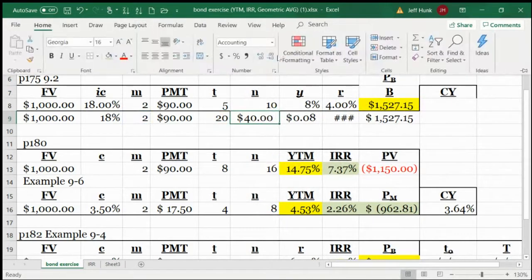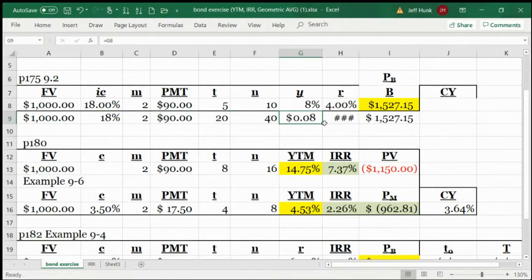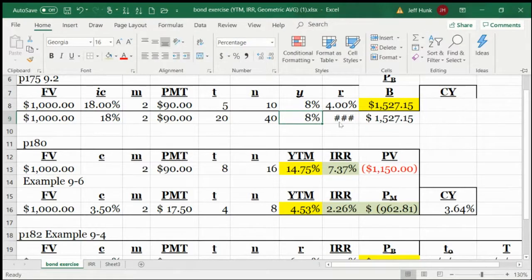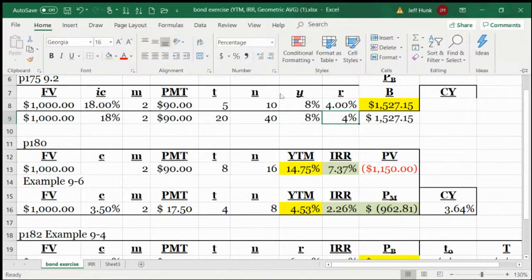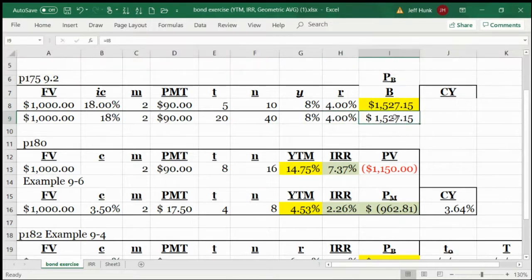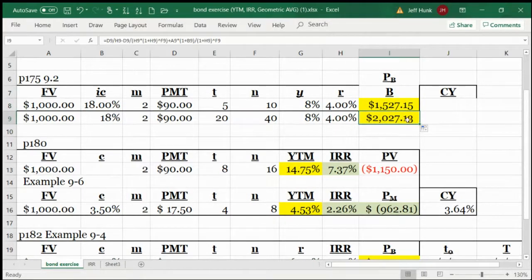It's not dollars, percentage again. Okay, then all you need to do is simply copy this and make an adjustment.